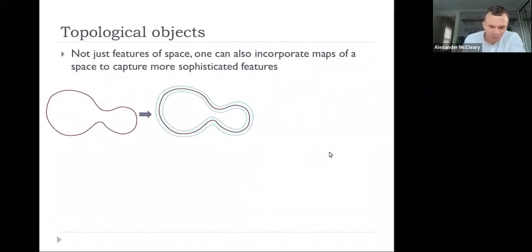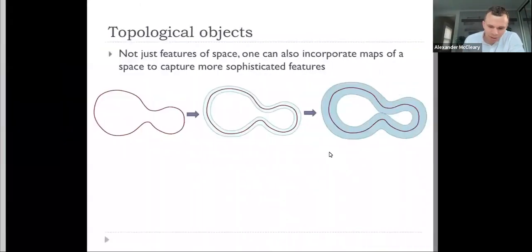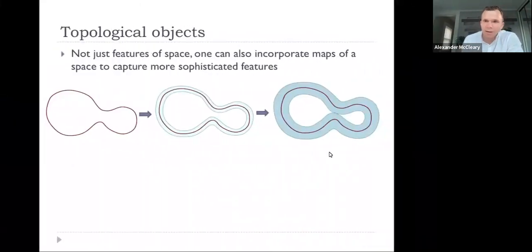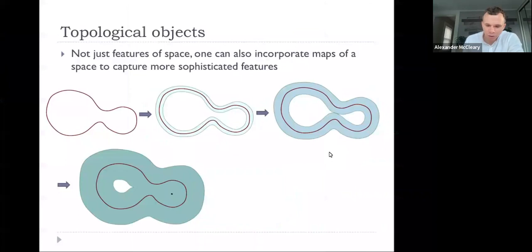So we're going to imagine thickening this curve a little bit, and we keep thickening it and thickening it. And what we see is that at certain points, for example here, the space becomes pinched. This is no longer a circle. This now looks like a figure 8.